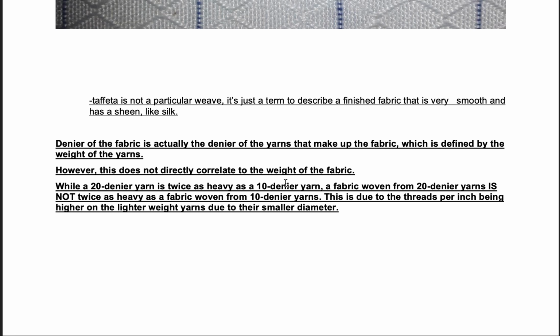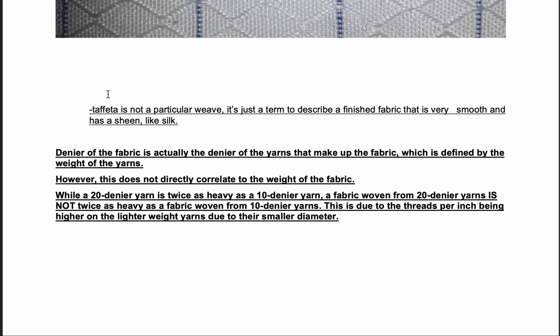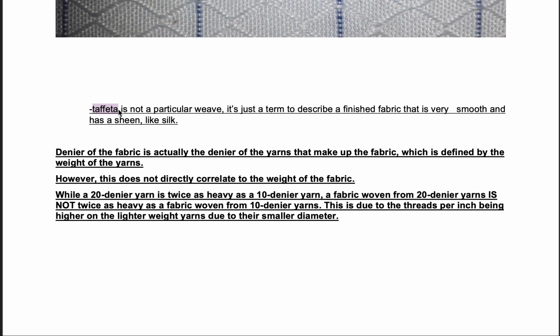Before we move off of weaving, just a couple last things to say. You probably will see the term taffeta used a lot by some vendors, and taffeta is not actually a weave. It's a descriptive term for a soft and silk-like fabric that's got a sheen, and that just so happens to be exactly what a really ultra lightweight, 10 or less denier, non-ripstop nylon or polyester looks like.